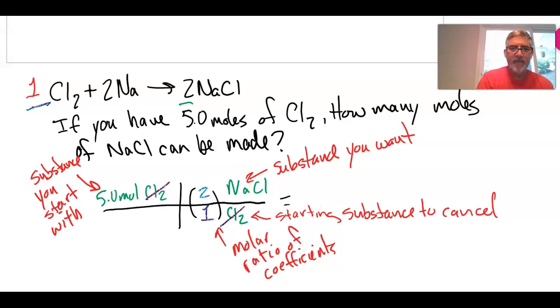5. I'll end up with 10 moles of NaCl. So that's simple stoichiometry. That's a mole to mole conversion. So if you look at this, the way you do this with your roadmap, I'll show you. Here's my start.